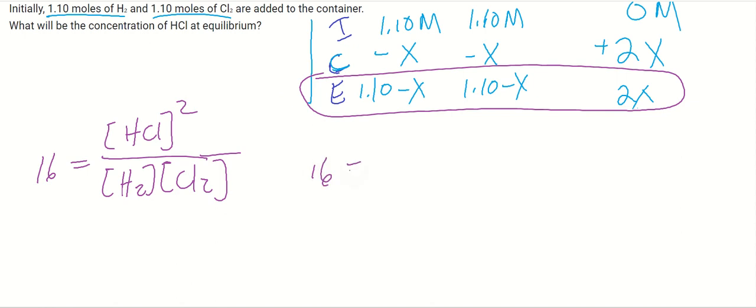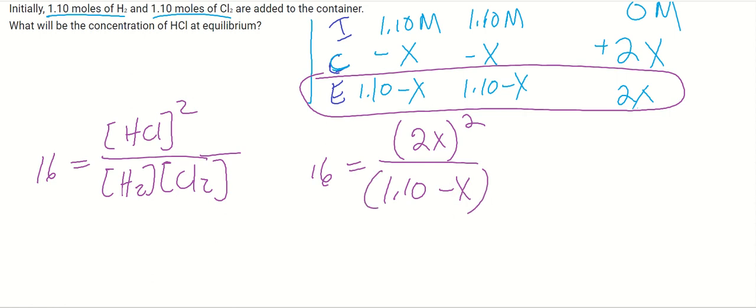It's 16 is equal to 2x squared, because we square that whole quantity. And then over here is going to be 1.10 minus x, and there's two of them, so we can square that as well.